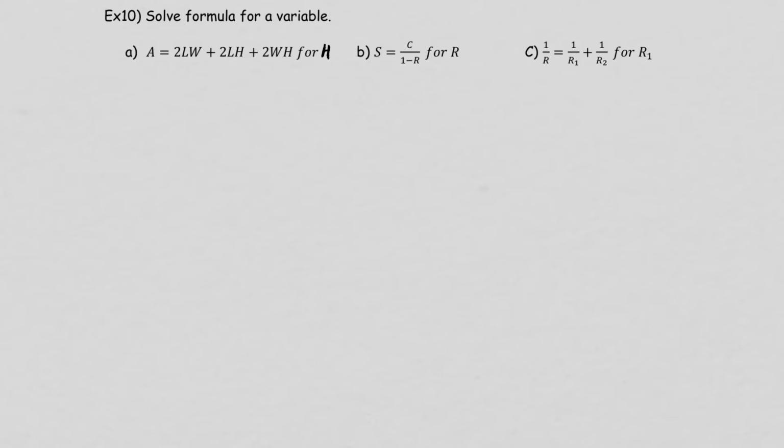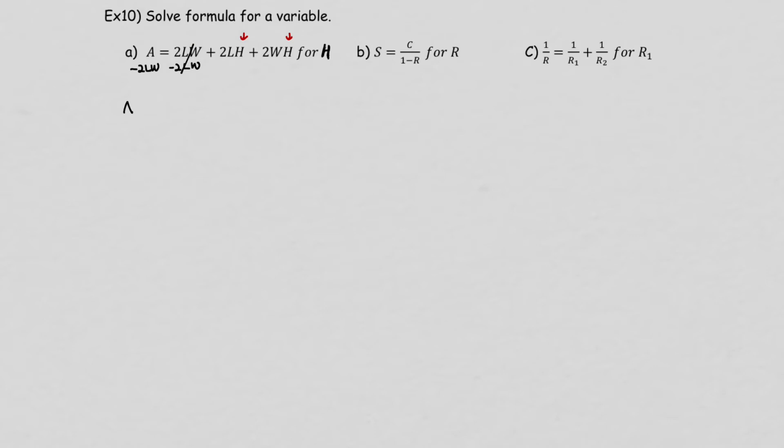the first thing in this problem, I don't see fractions or radicals or anything like that. So let's see where h is, right? And I see 2h. So I want to put them together and move everything else to the other side. It means I'm going to subtract 2lw from each side.